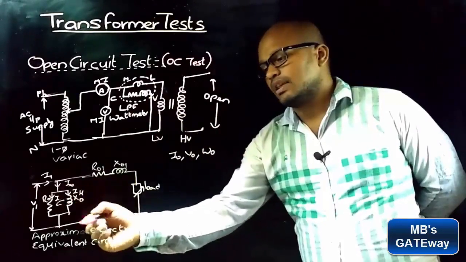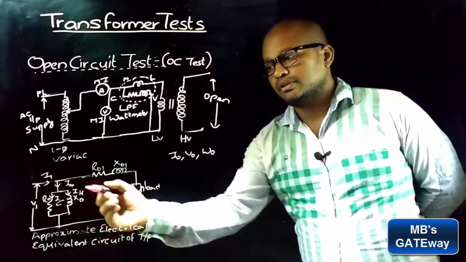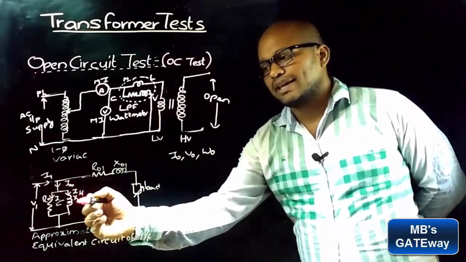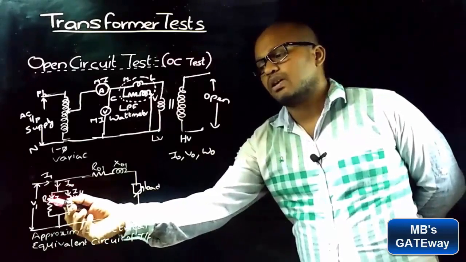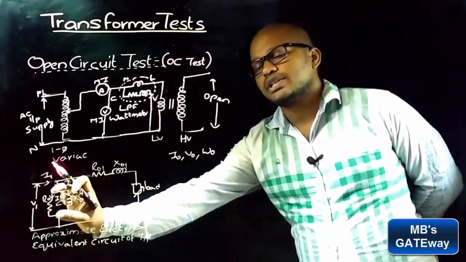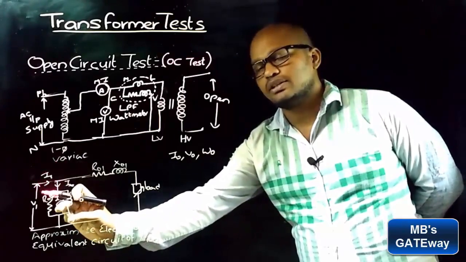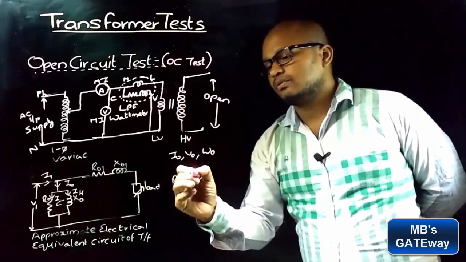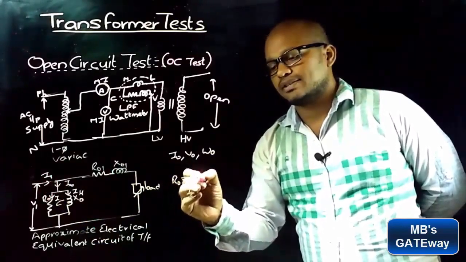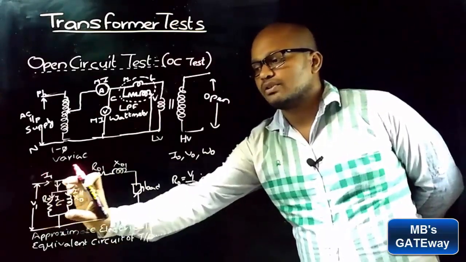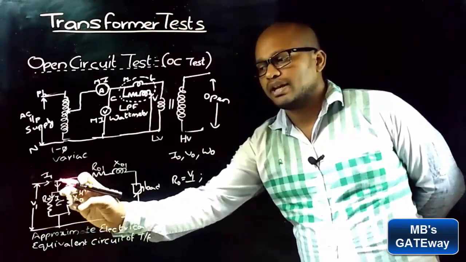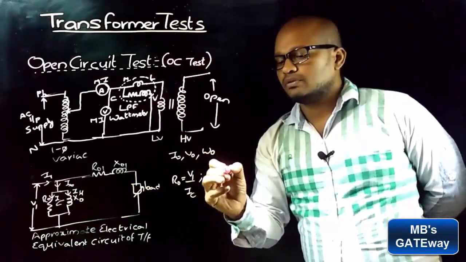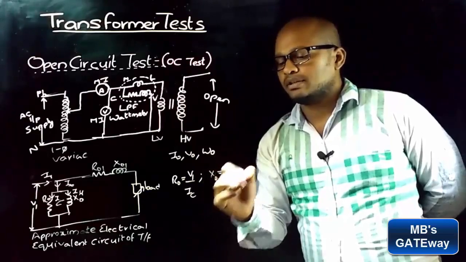Observe in the approximate electrical equivalent circuit of the transformer that the current flowing through R0 is IC and the current flowing through X0 is I mu. So R0 is equal to the voltage across R0 divided by the current flowing through R0. So R0 is equal to V1 by IC, and X0 is equal to the voltage across X0, which is V1, divided by the current flowing through X0, which is I mu. So X0 is equal to V1 by I mu.